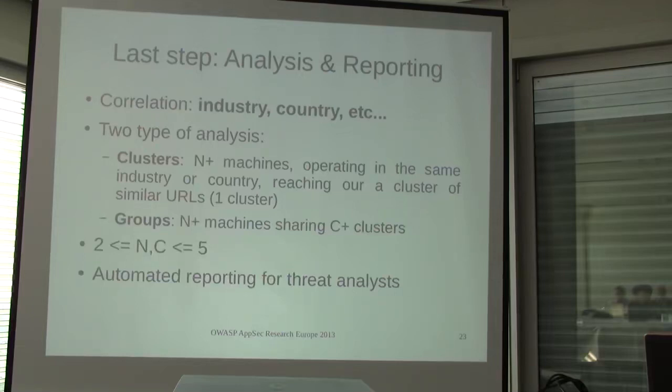I can query whatever I want. So as it is now, the system automatically looks for those machines and clusters between 2 and 5. This value can be changed, for machines that are in the same industry.